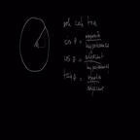And now remember our formula for the dot product. So vector A dot vector B is the length of A times the length of B times cosine of theta.